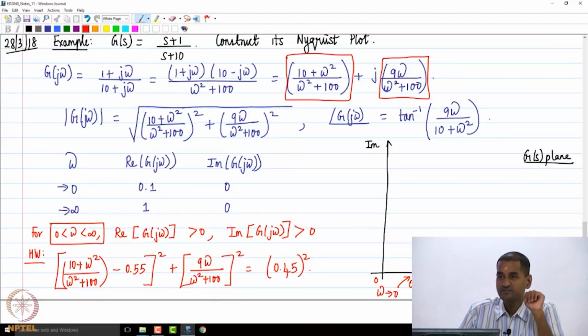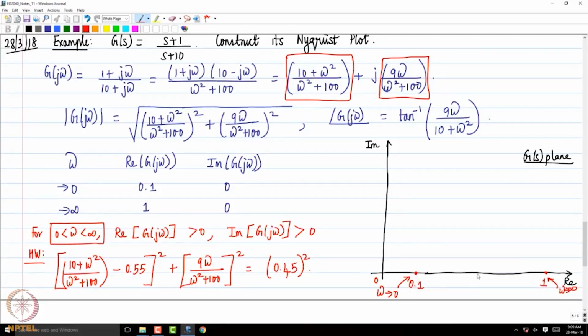You will see that this equation is satisfied. So the center is somewhere here at 0.55 and we are going to have a semicircle.